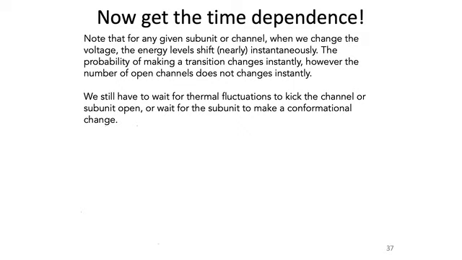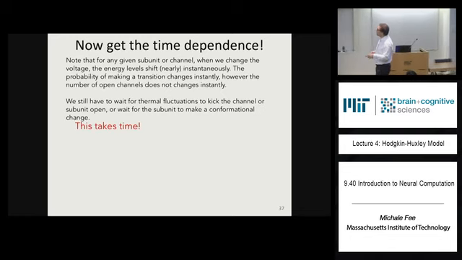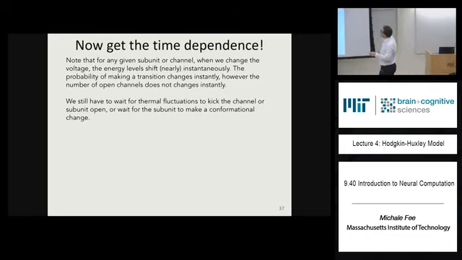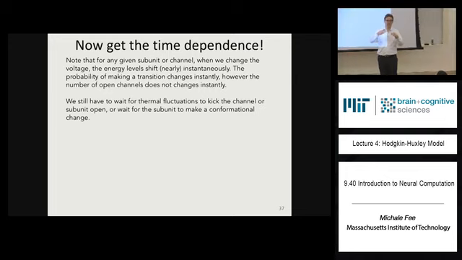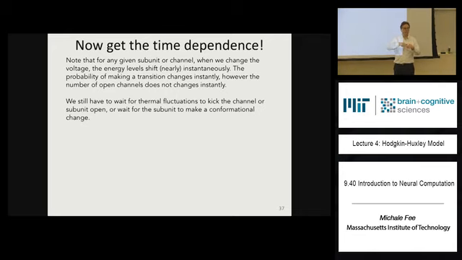Okay, so we have an ion channel subunit that's either open or closed. We have an open state and a closed state. The way to think about this is that if the cell is hyperpolarized, the subunit is sitting in the closed state. When you depolarize the neuron, that changes the energy levels.